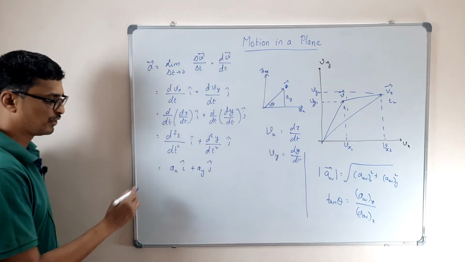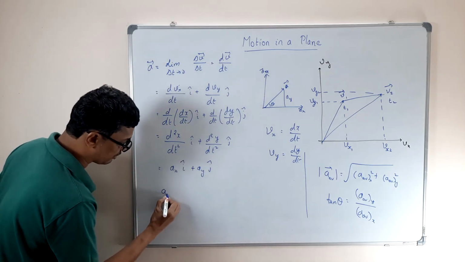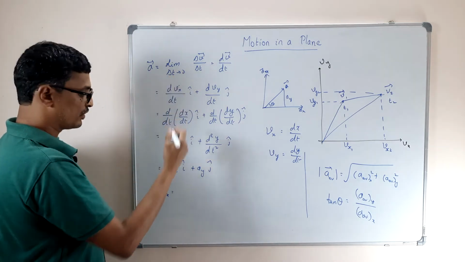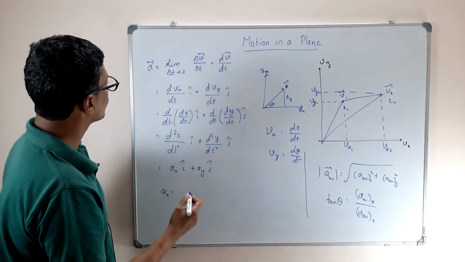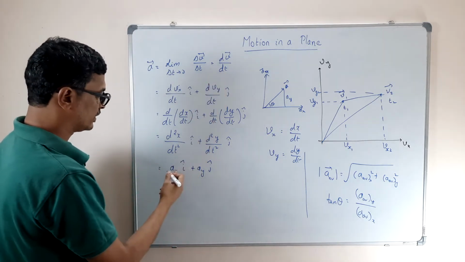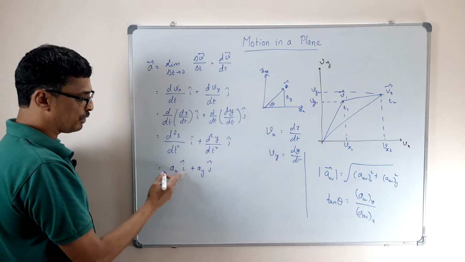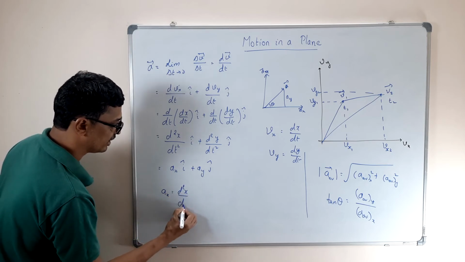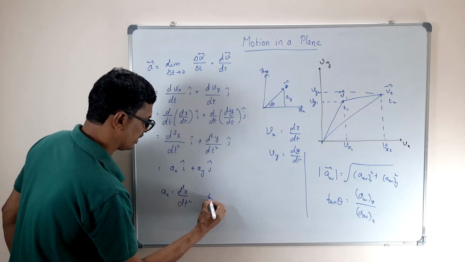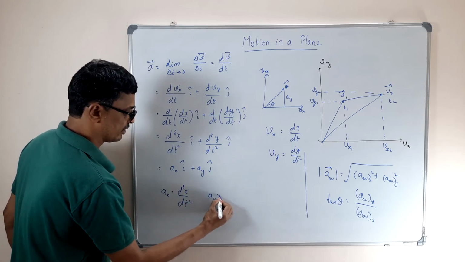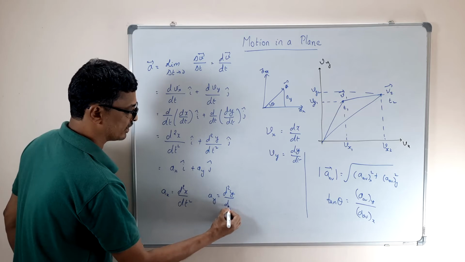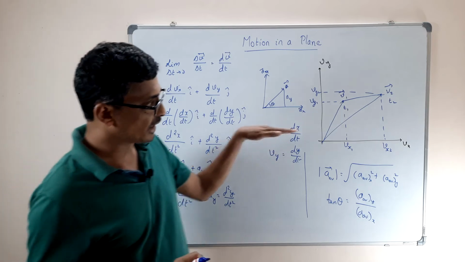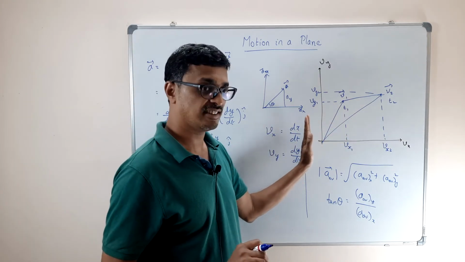So Ax is what? This is the acceleration, resolved into i and j components. So Ax is d square x by dt square, and Ay is d square y by dt square. Ax is the acceleration along the x-axis, Ay is the acceleration along the y-axis.